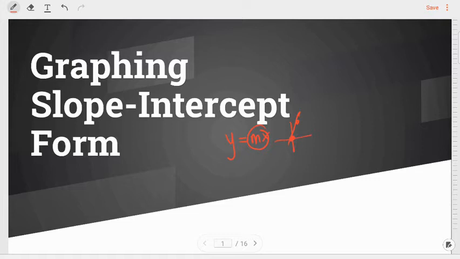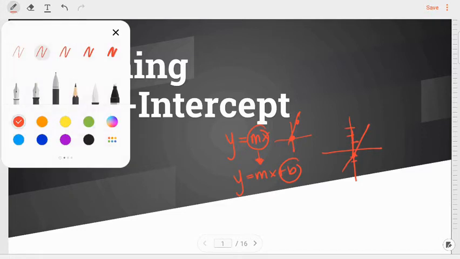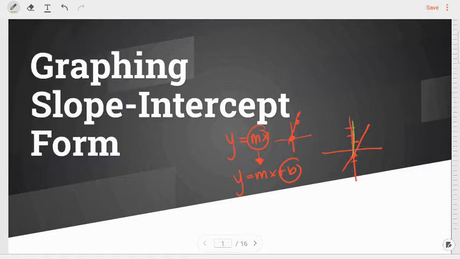In our exploration activity yesterday, we talked about the formula y equals mx plus b. So what is new to our equation? It's this plus b. And as you should have observed in my example, that b value shifted my line along the y-axis.